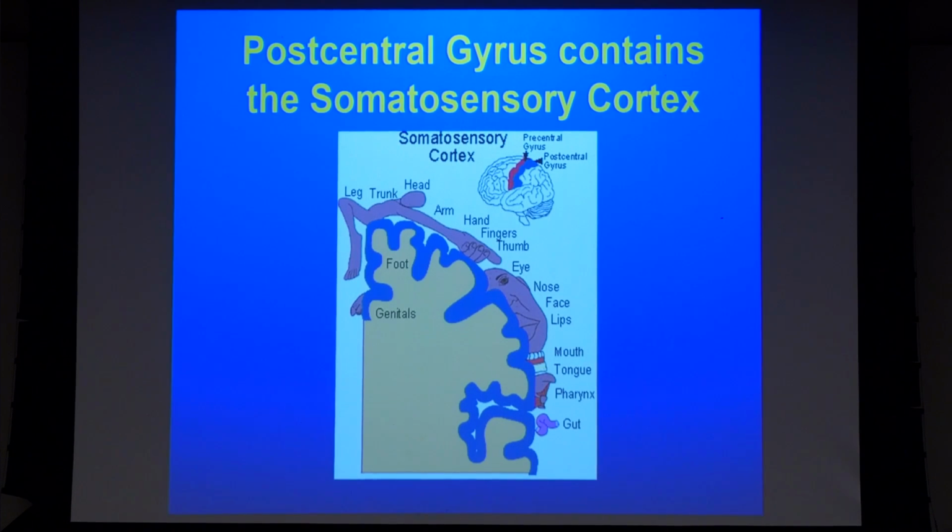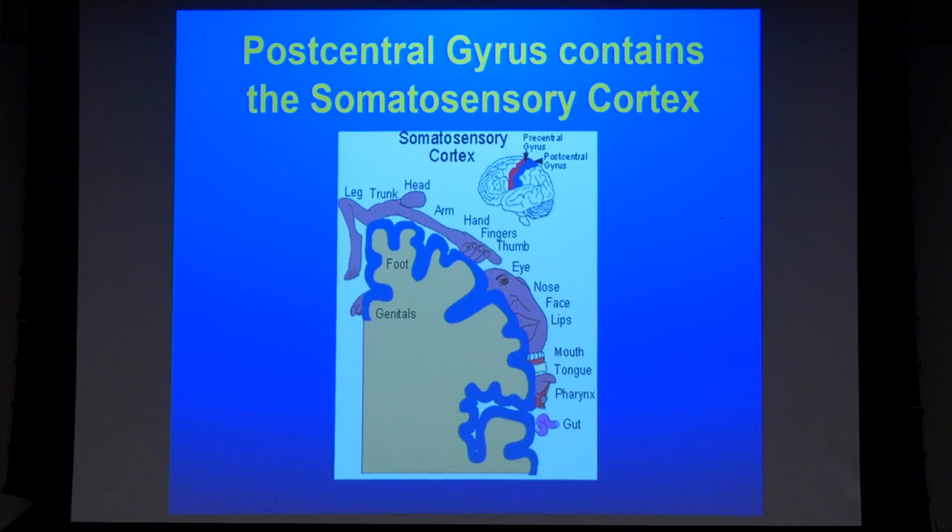This slide is meant to represent the so-called somatotopy of the somatosensory cortex. So again, to orient you, it's as though I'm facing the wall and we're looking at my left hemisphere. And looking at the left hemisphere, there is this deep fold known as the central sulcus. Immediately behind that deep fold of the central sulcus is the postcentral gyrus.